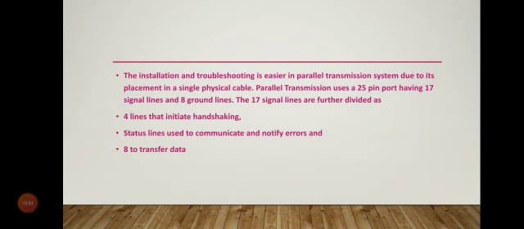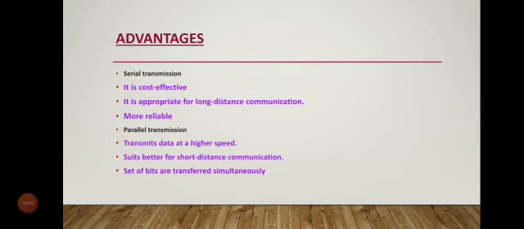My dear students, you have already seen these types of cables and devices and data transmission areas. You can see them in your school labs also. Status lines are used to communicate and notify errors and aid in transferring data.